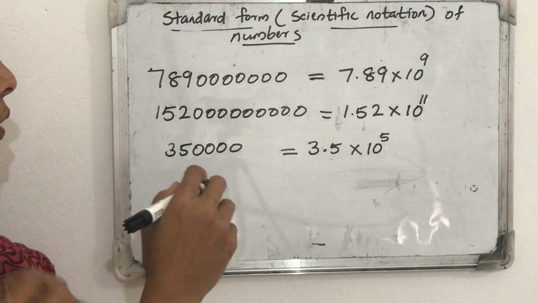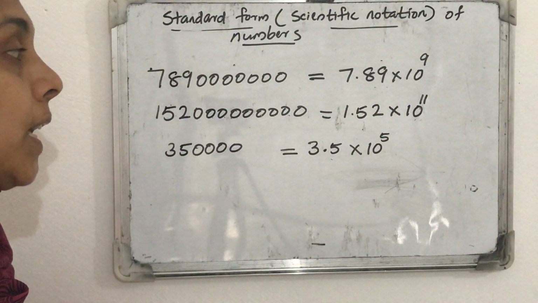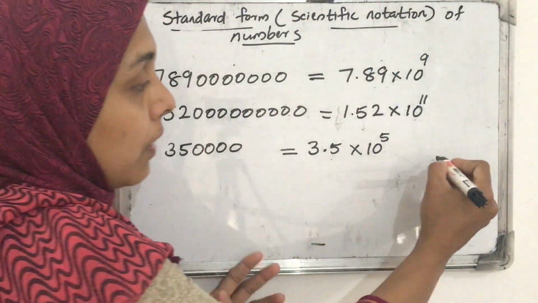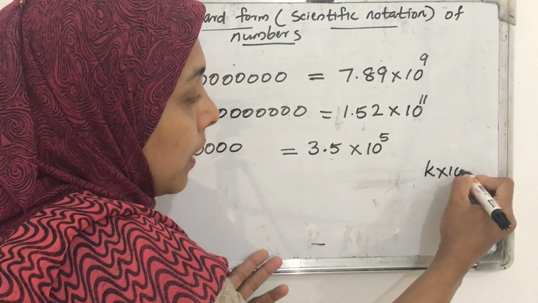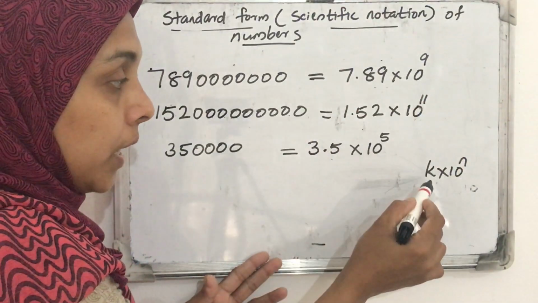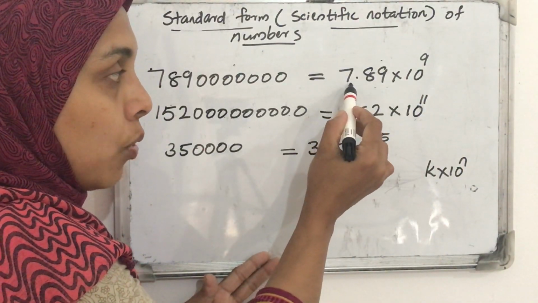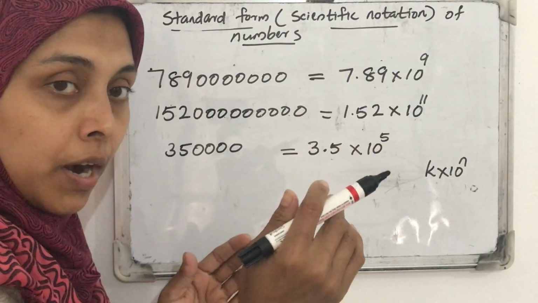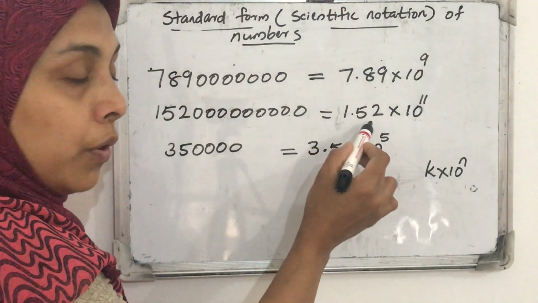If you know the general form of scientific notation, k into 10 raised to n. The general form is k into 10 raised to n. All these numbers will be like that, k into 10 raised to n. Here k is which number? 7.89. That 7.89, 7 is between 1 and 10, and here 1.52.